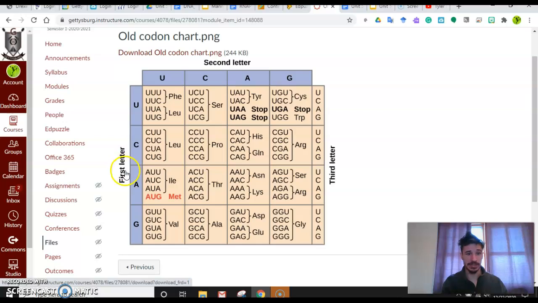Let's say your first letter is a C and your second letter is an A. So C and A bring us to here. If the third letter is a U, the amino acid is His, or histidine. If it's a C, it's still histidine, but if it's an A or G, it's going to be glutamine, GLN. This one's a little harder to read and will take some more practice.